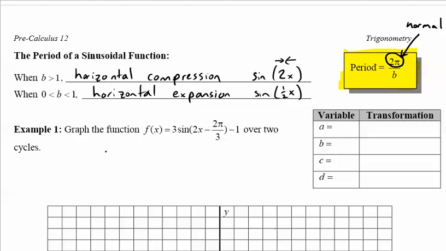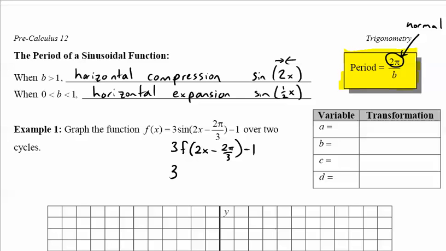So now let's put it all together by graphing something with all the transformations, a, b, c, and d, but without a calculator. So you can think of this from chapter 1 as being 3f of 2x minus 2 pi over 3 minus 1. Now the same trouble that we had in chapter 1 comes up here.